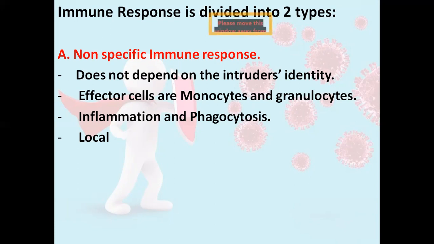What happens during the non-specific immune response? We have inflammation and phagocytosis. And you have to know that this non-specific immune response is local. It's in a specific region of the body, for example at the level of the skin of my hand, or at the level of my face. This is the meaning of local.